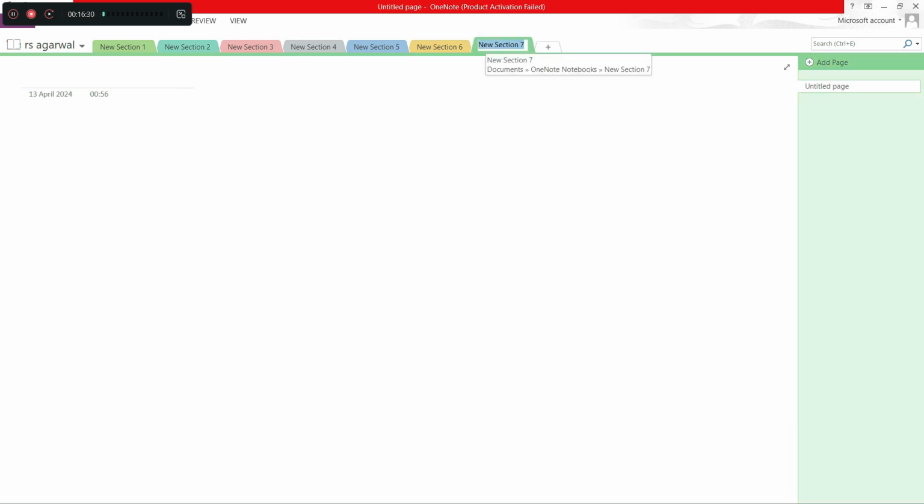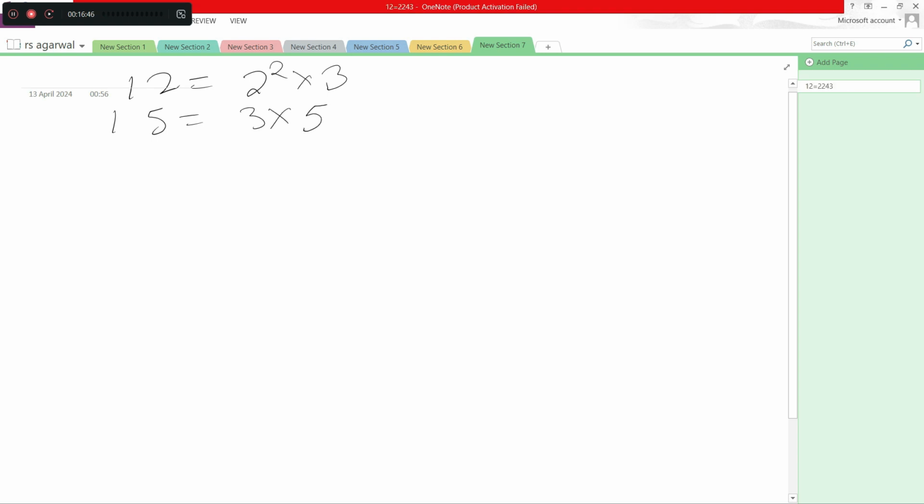Next question, we have to find the SCF and LCM of 12, 15 and 21 here. So we'll divide: 12 is equal to 2 square into 3 and 15 equal to 3 into 5. After that 21 is equal to 3 into 7.